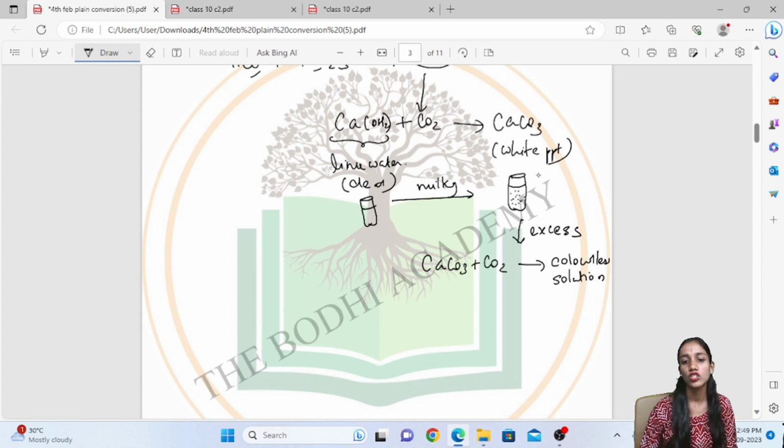Actually it forms calcium hydrogen carbonate, which is a colorless solution. So first the lime water turns milky, and when you pass excess carbon dioxide into it, it forms calcium hydrogen carbonate, which is a colorless solution. So it again turns colorless.